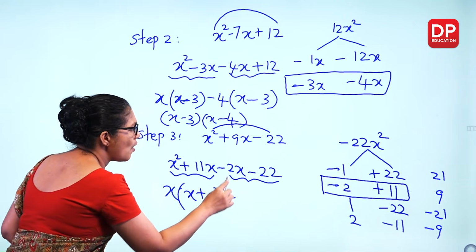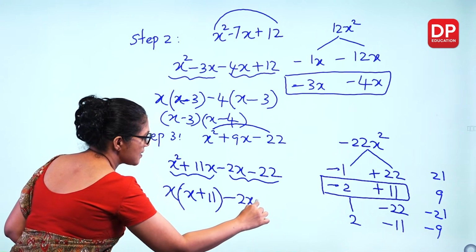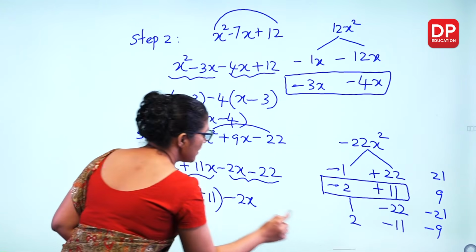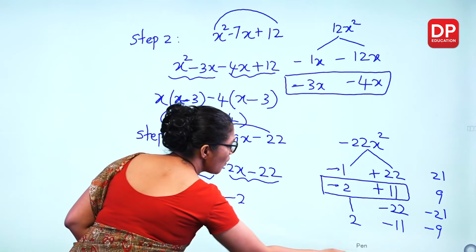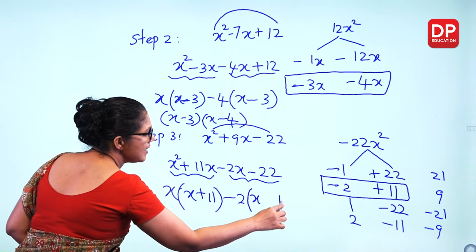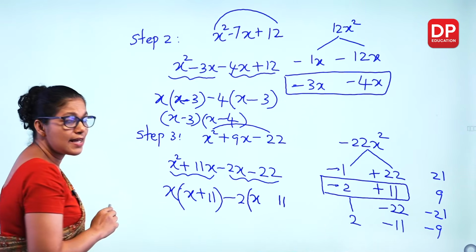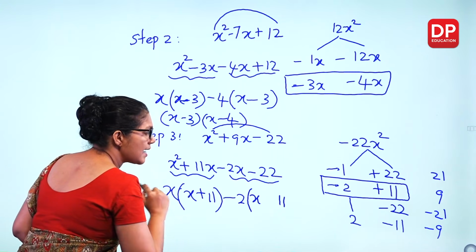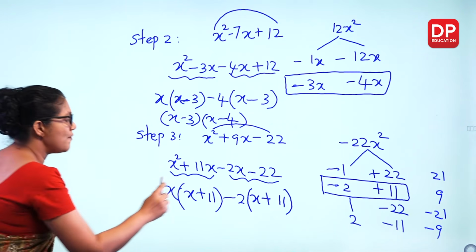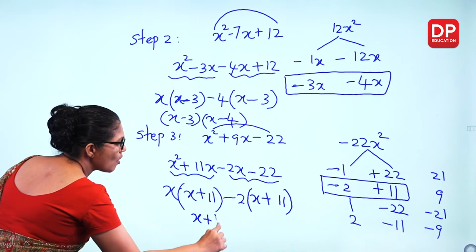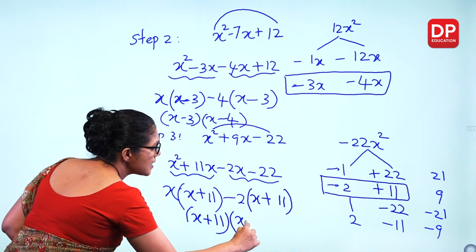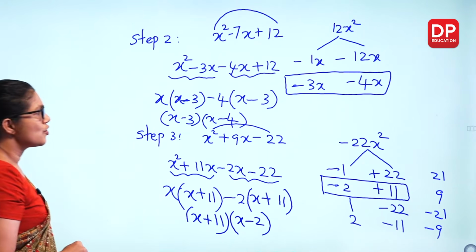We can take it out with 2x. x is not common, so here we can take only 2. So what's remaining? x and 11. But what's the sign here? We have taken the minus sign out, so this becomes plus. Now again we can see x plus 11 is common. Take it out and the remaining part is x minus 2.